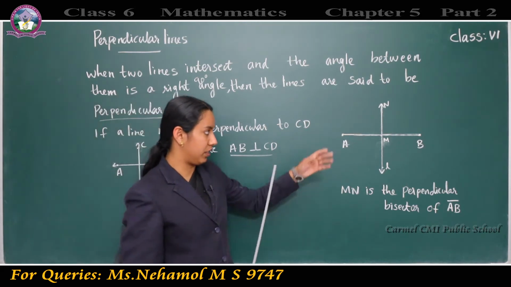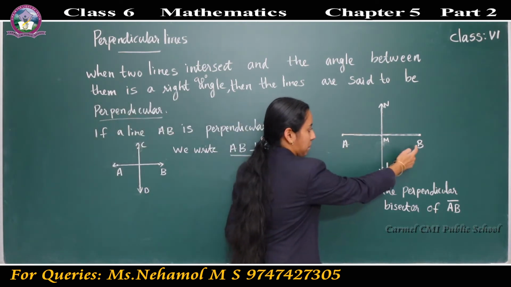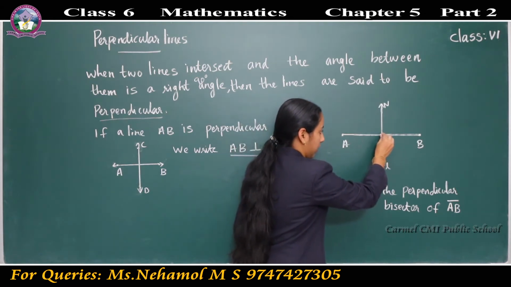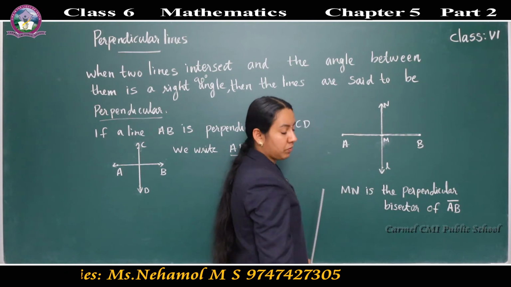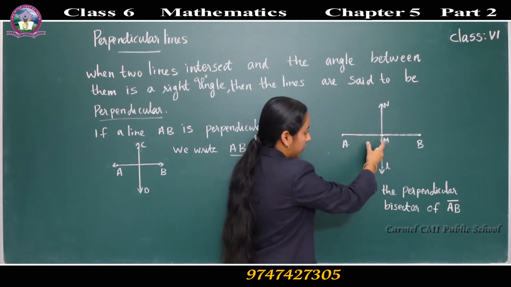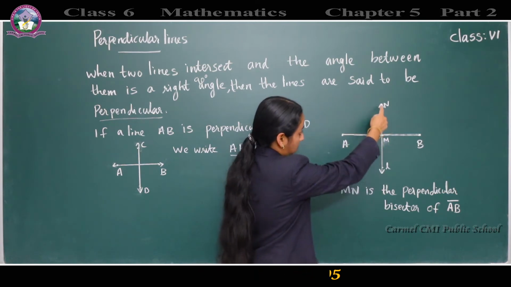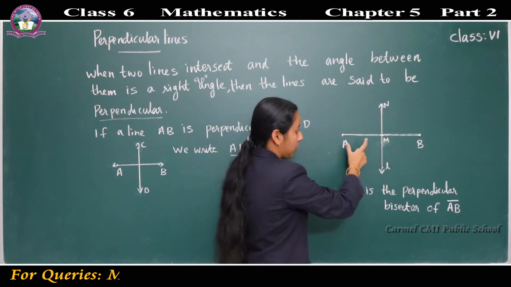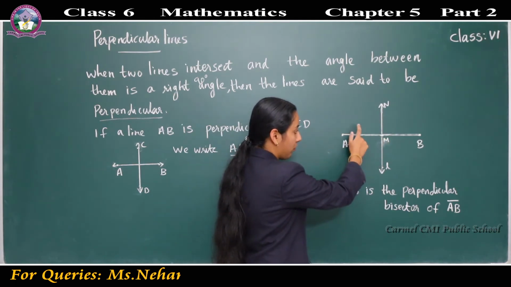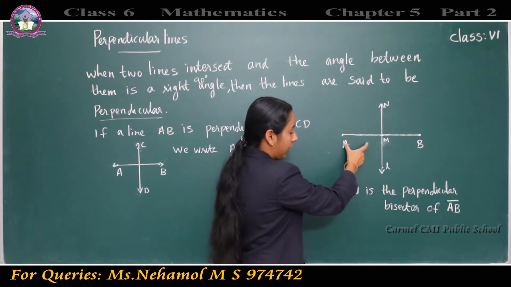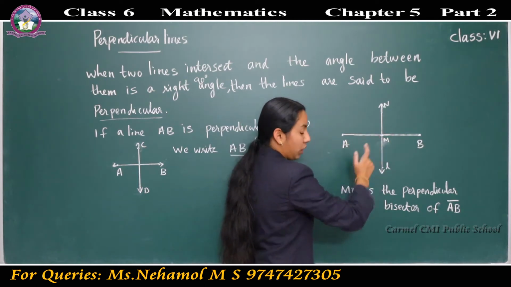Now consider this figure. Let AB be a line segment, and consider the midpoint as M. Then MN is a line that bisects AB, or MN is a perpendicular bisector of the line AB. Does the line MN divide AB into two equal parts?